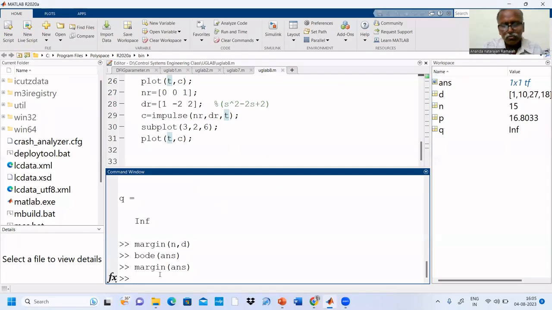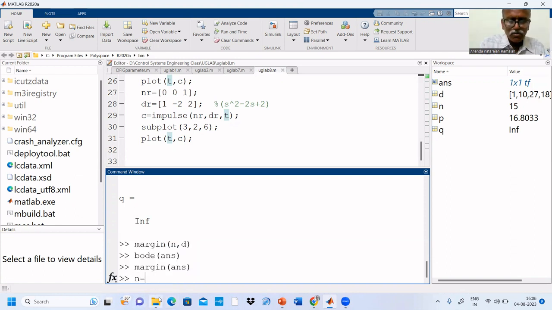Now let us verify the Bode plot by simulation. What is the transfer function? 15 upon (s plus 1)(s plus 3)(s plus 6). If you expand this, you will get 15 upon s cube plus 10s square plus 27s plus 18. So the numerator is 15 alone.